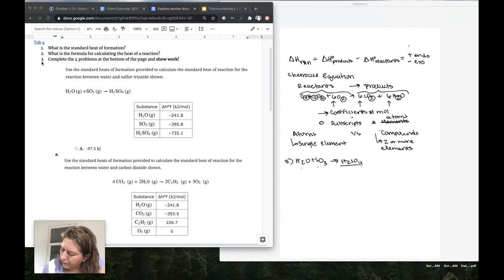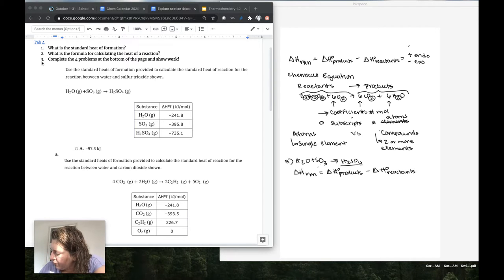We're going to use the equation that I started everything off with, which is the delta H of our reaction, equal to our standard enthalpy of formation for the products minus the standard enthalpy of formation of the reactants.